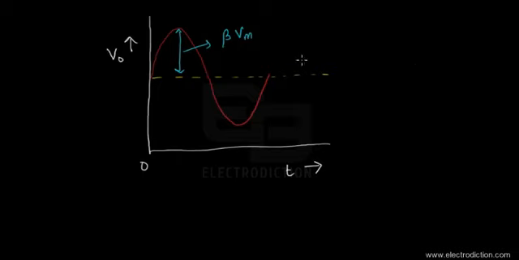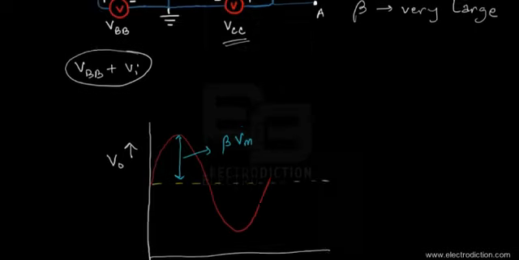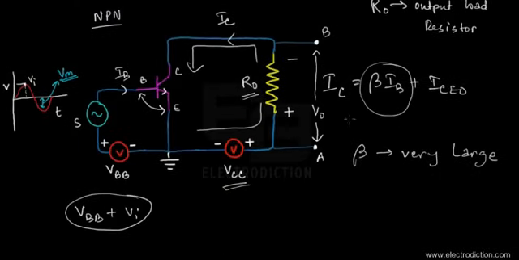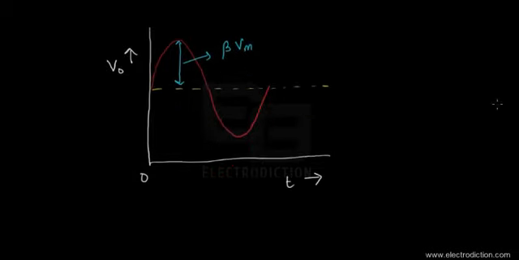So you can see that the output signal is amplified beta times. Now beta for a transistor operating in the CE mode represents the current amplification, or rather the current multiplication factor. As a result, since beta could be as large as 300, we can get an output signal having an amplitude of about, let's say, 300 times more than that of the input signal.